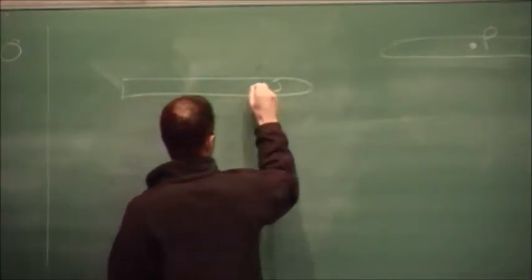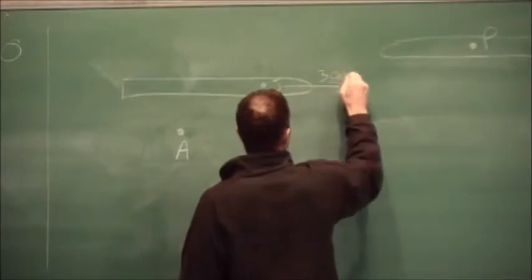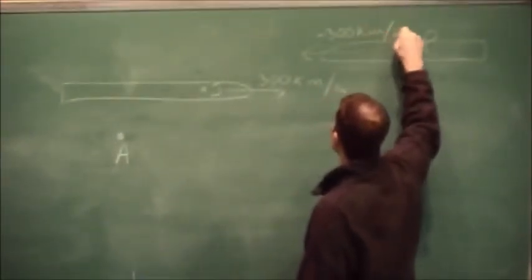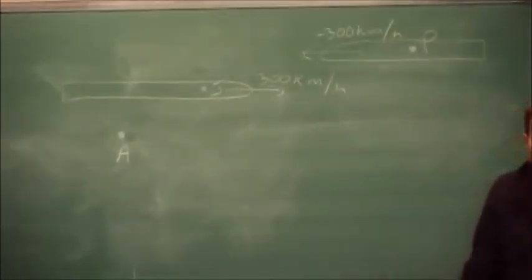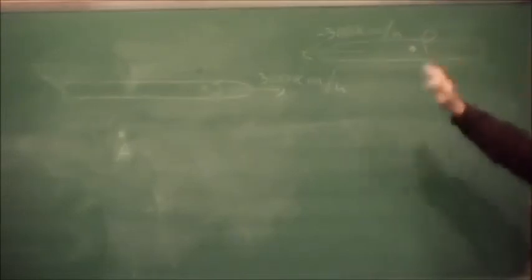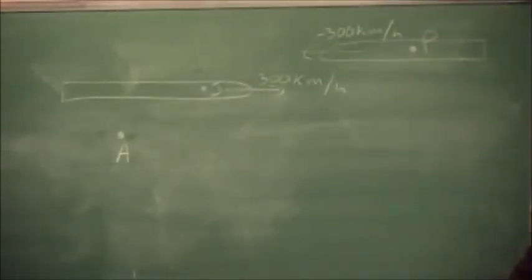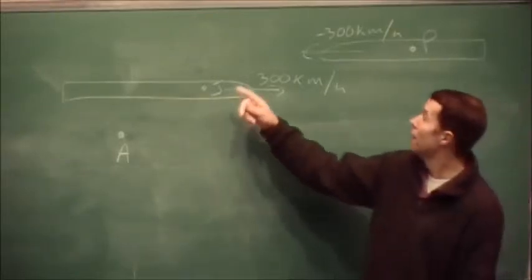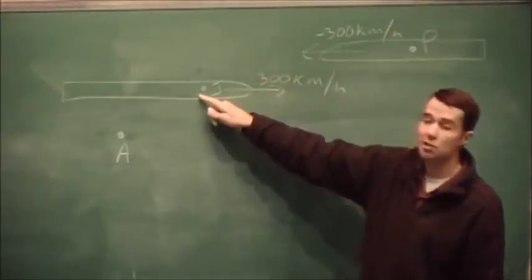So let's say this one is moving 300 kilometers per hour, and this one is moving minus 300 kilometers per hour. Okay? If they're moving in opposite directions, what would you expect the velocity of this train relative to this train to be?